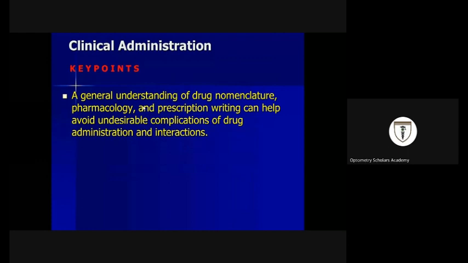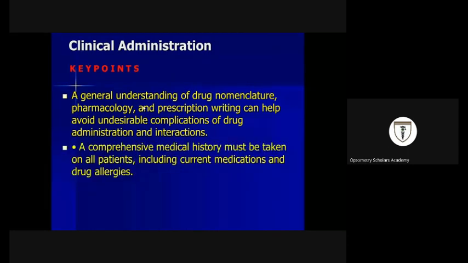So a comprehensive medical history must be taken on all patients, including allergies to drugs. So when prescribing drugs, you need to do a vast case history on this patient, after finding out the signs and symptoms and duration and all the rest in case history, find out about their drugs, the drugs they were taking in the past, and the drugs they are currently taking, and if they're allergic to any drugs at all, because most of the drugs that you might be prescribing, they might be reacting to.